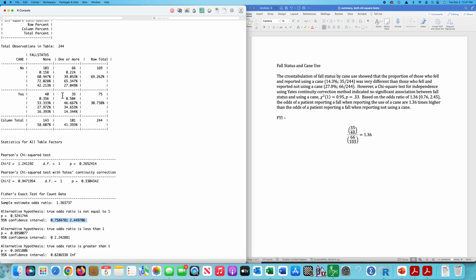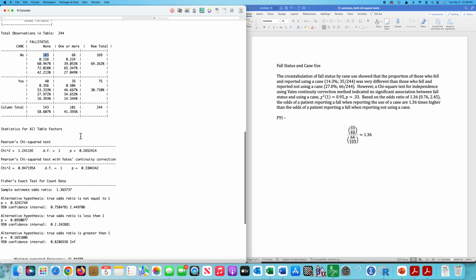First of all, it's the odds of falling using a cane, so I have the count of falling divided by the count of not falling, 35 over 40. And on the bottom I have non-cane use, but I still report the odds of falling versus not falling, 66 over 103. So this is where the 1.36 comes from.